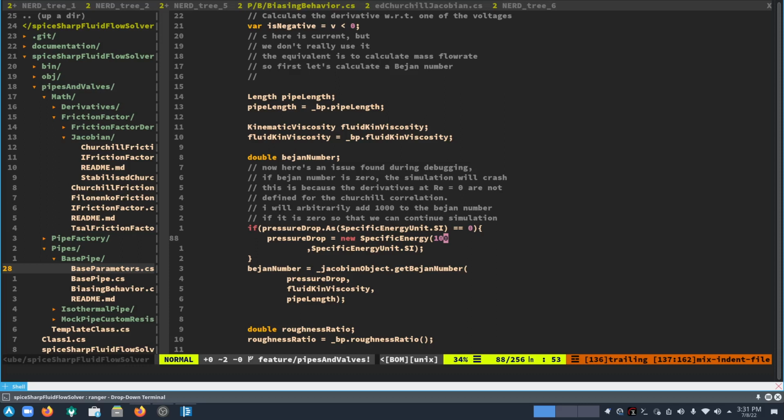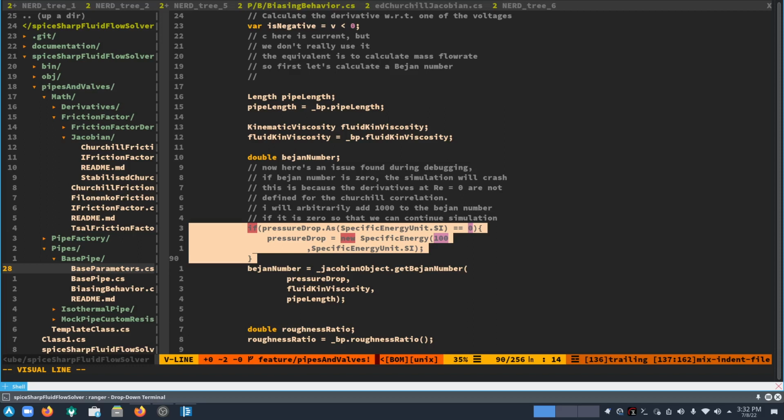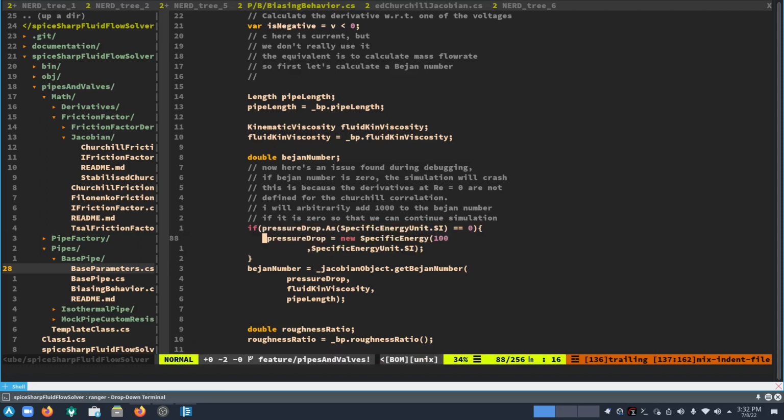It's just an initial guess, but it will at least get us out of the zero zone. So this is how I combat that near-to-0 error where derivatives and Jacobians are not defined and the whole solver doesn't work.